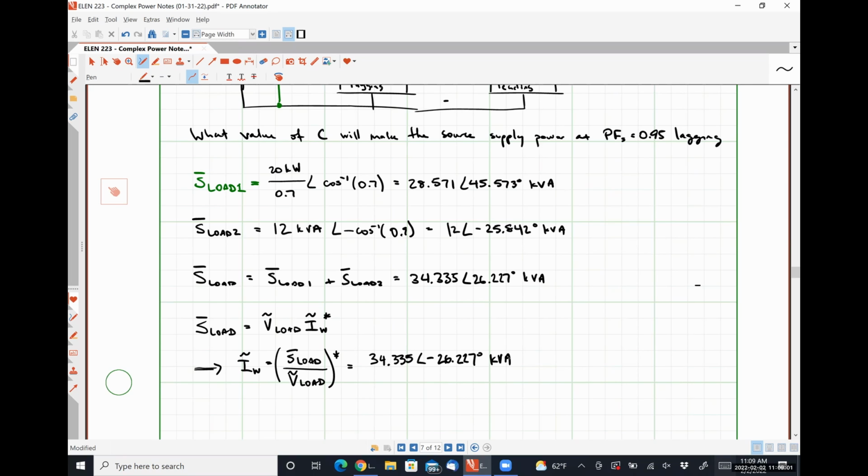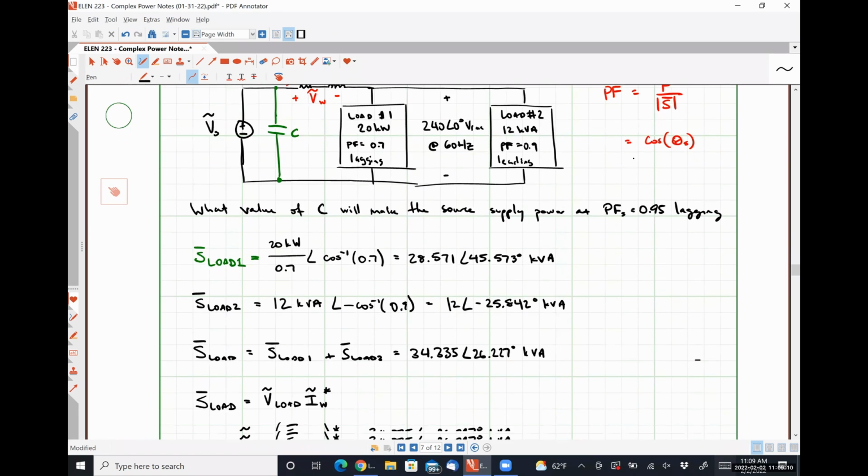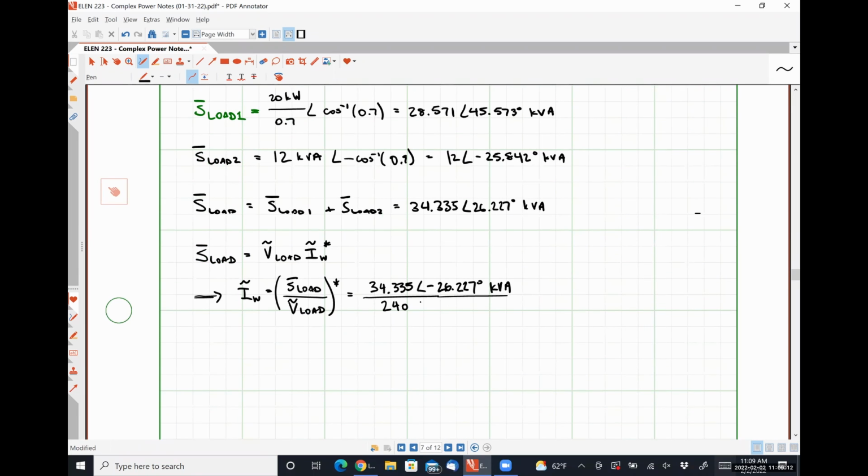And then I'm going to divide it by the voltage drop seen across my combined load, 240 angle, just for the sake of argument, negative 0 degrees volts RMS. The reason why I made a point to put the negative sign here on the 0, even though it actually doesn't do anything, is to remind you guys that when we take the complex conjugate of a fraction, it involves the conjugate of the numerator divided by the conjugate of the denominator, because that's a very common place I see students make mistakes.